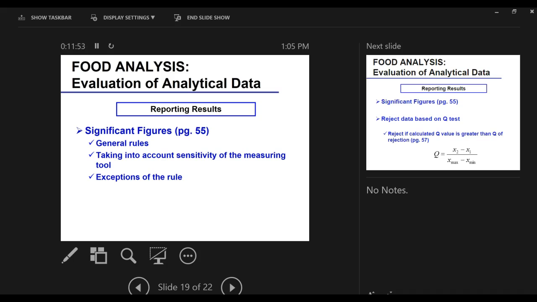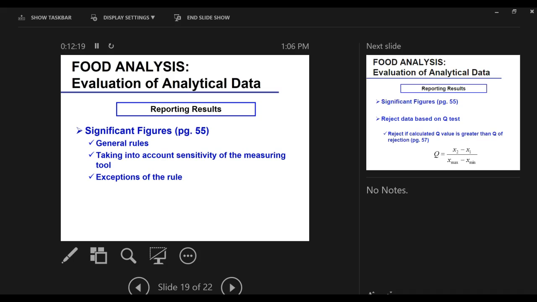Here's where I'm going to spend a little bit more time for refresher, because all you're going to do is report numbers in your lab report for the rest of the semester, other than the first lab report with nutrition labeling. So with the reporting of the numbers, you want to make sure that you're reporting the right, or approximately the right, significant figures.